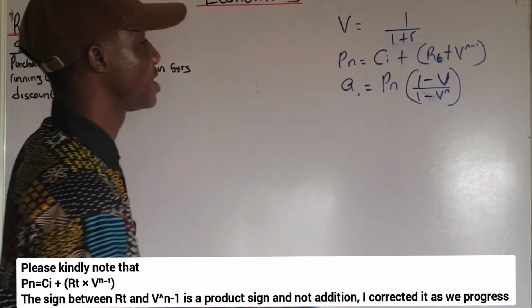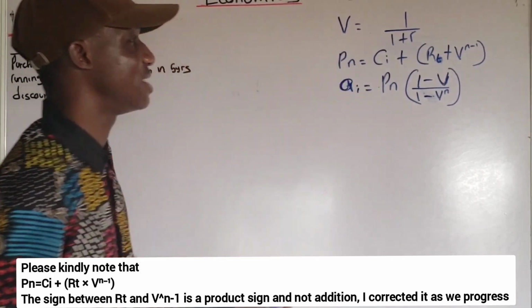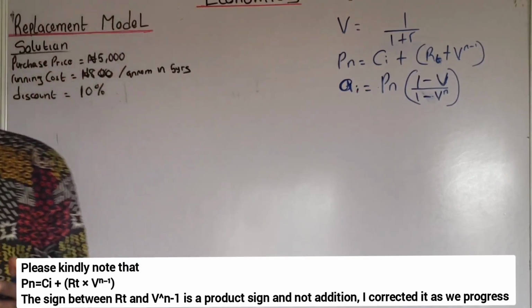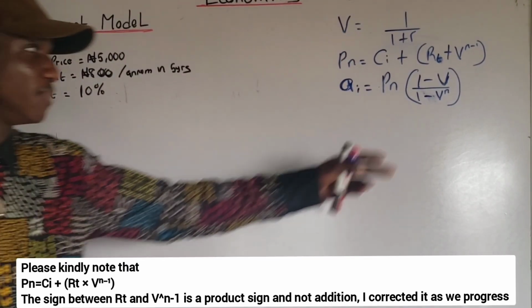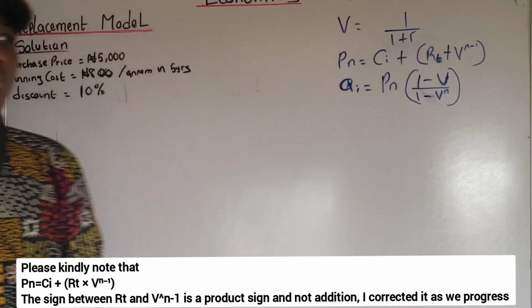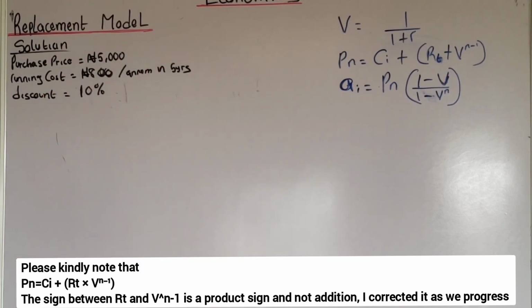The Ai that you see here is the annuity, and Pn is the present value of the total cost. V is still the same, which is the value of the asset.